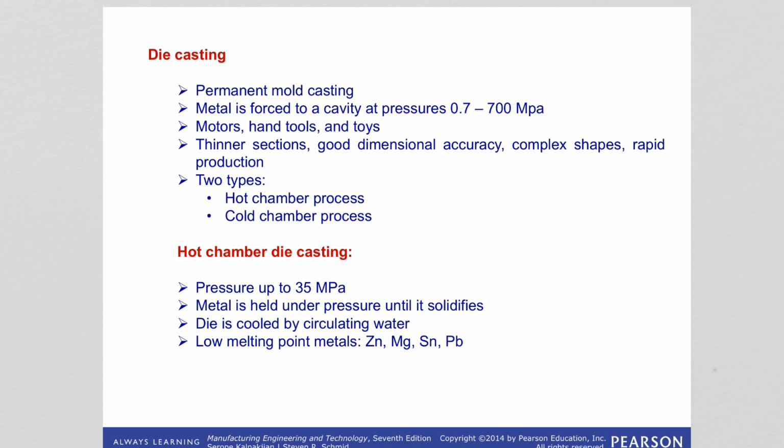In hot chamber die casting, the metal is melted in a container attached to the machine, and a piston is used to inject the liquid metal under high pressure into the die. The pressures in this case go up to 35 megapascal.